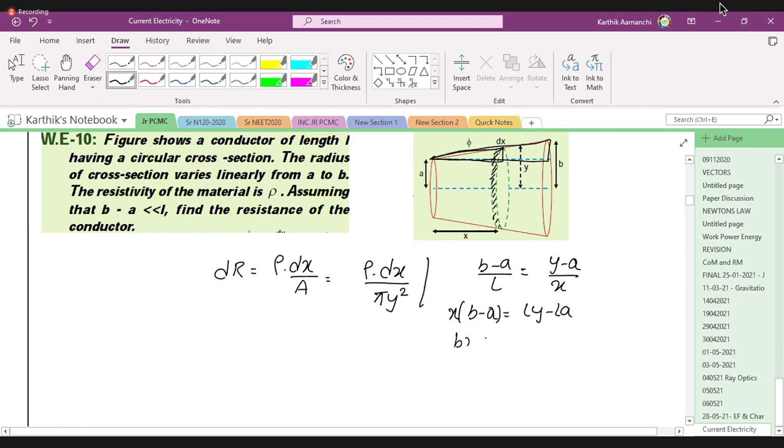It will be Bx minus Ba is equal to Ly minus La, isn't it?